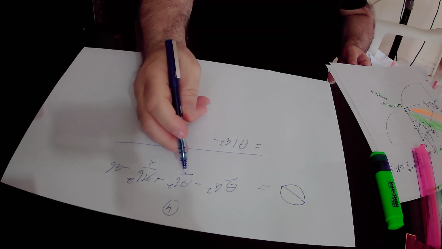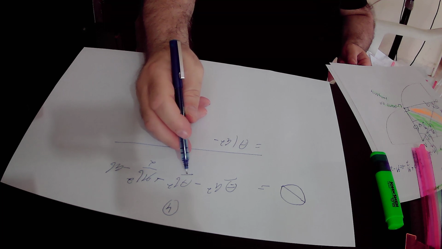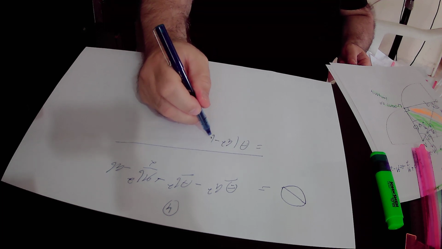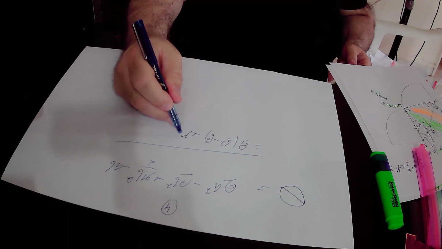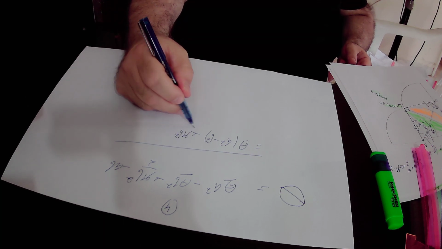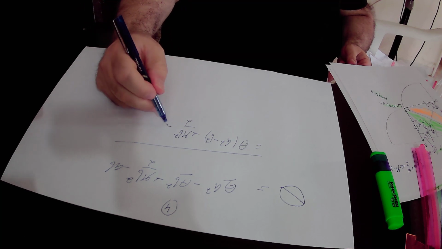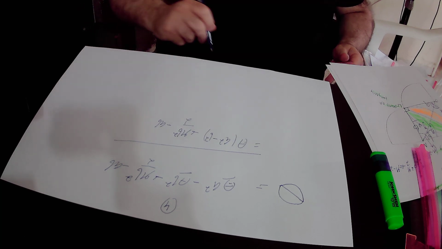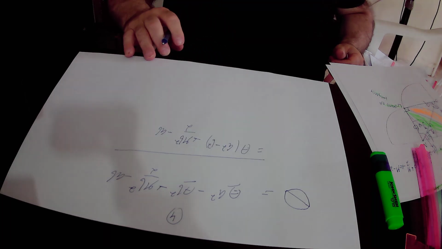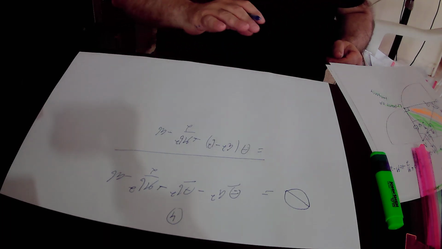And what is left from this expression after we took theta as a common factor? What is left is actually minus B square plus pi times B square over 2 minus AB. Okay, so that is the area of a lens.